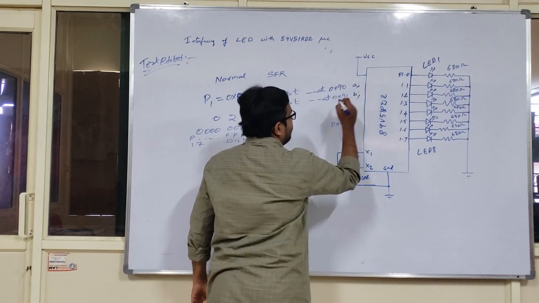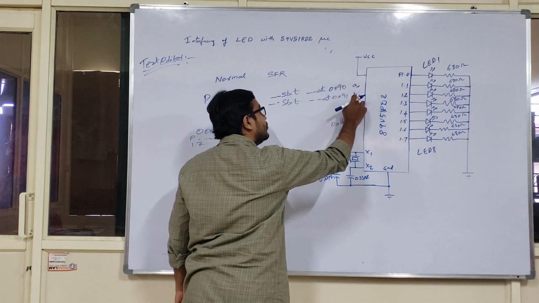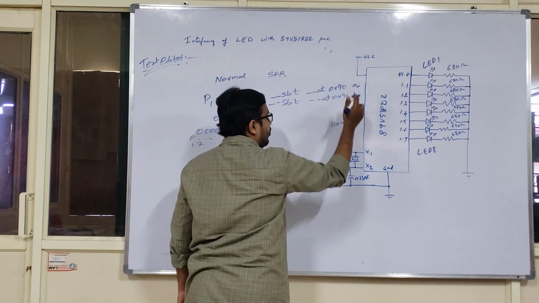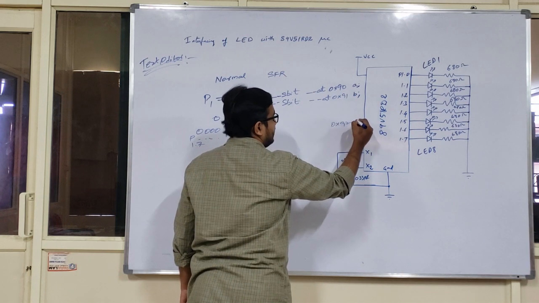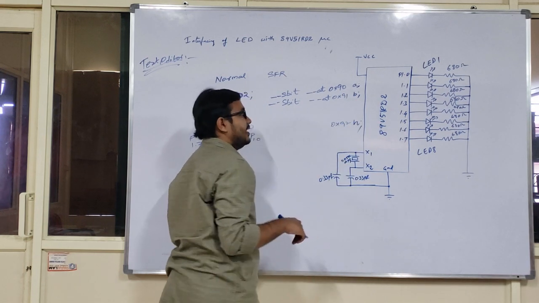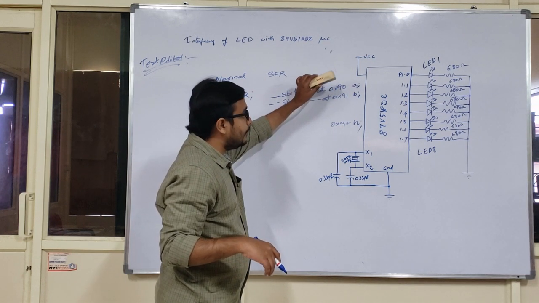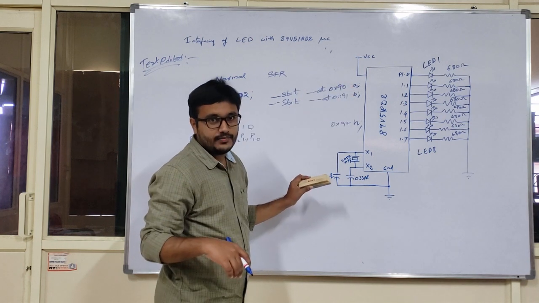Similarly, the address location 0x91, I am going to refer to with the help of a variable called b. Similarly a, b, c, d, e, f, g, h. So the last one is h. In this way, for each and every bit of your port 1, I have given separate names.